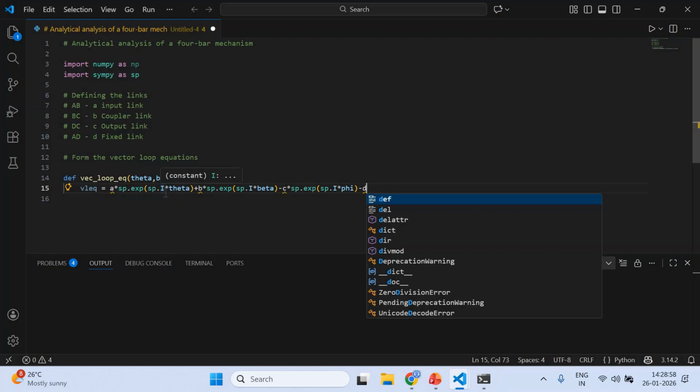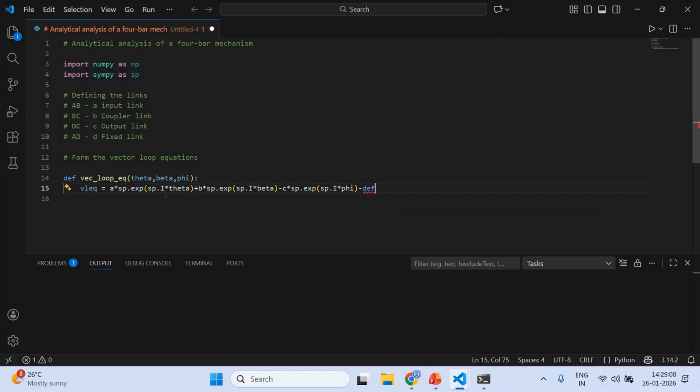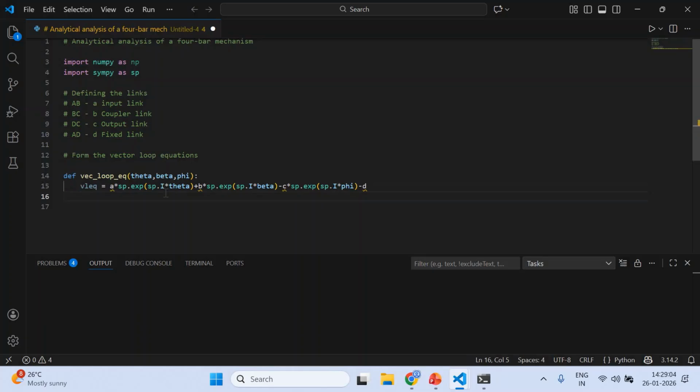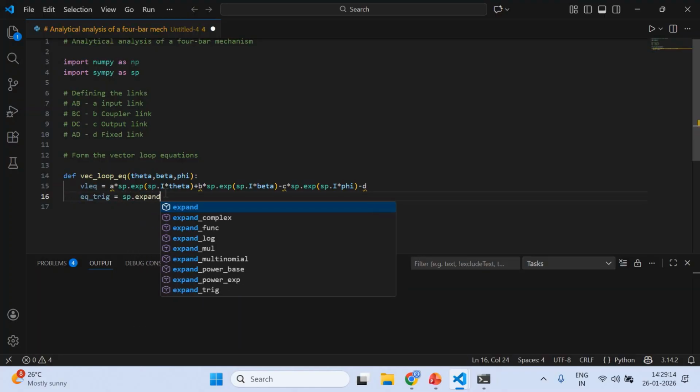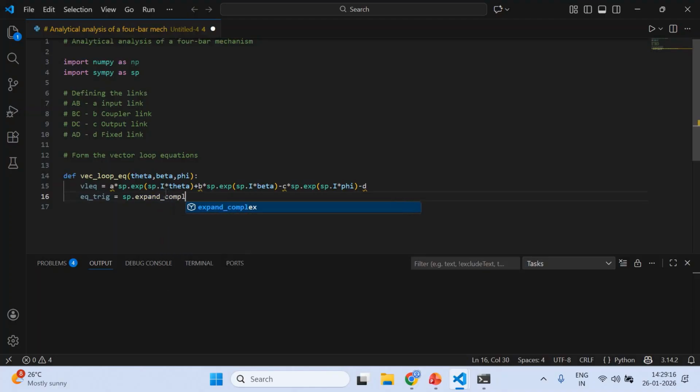Now after this, let us break this equation into trigonometric form. This is what we were doing before also. If you remember, when we were doing this manually, this was the second step.